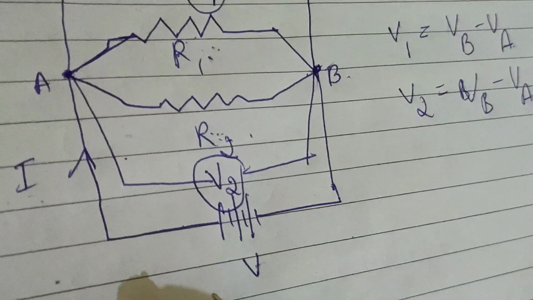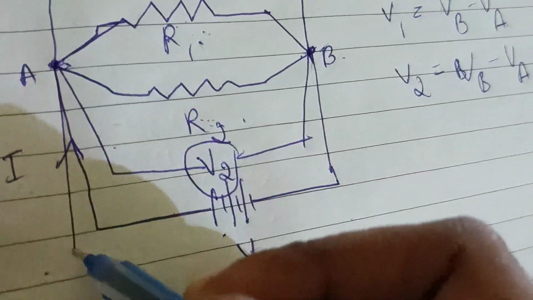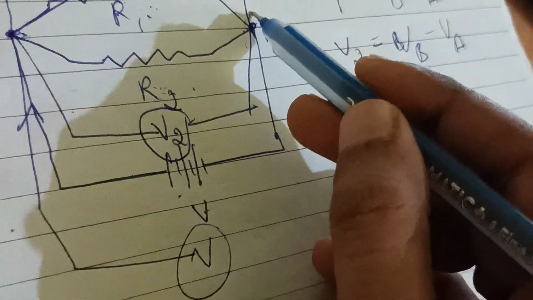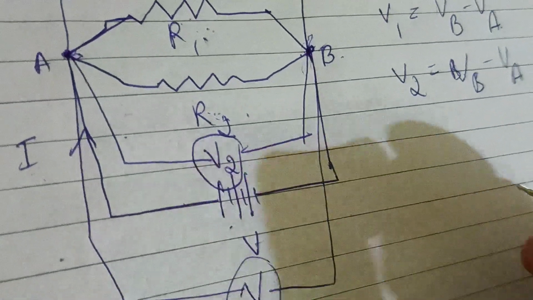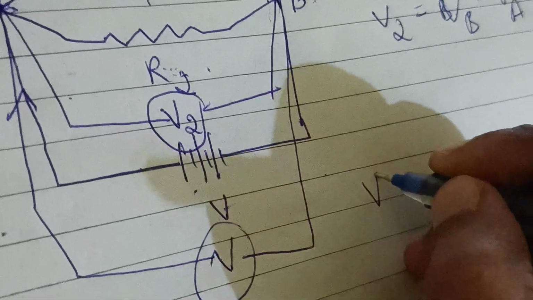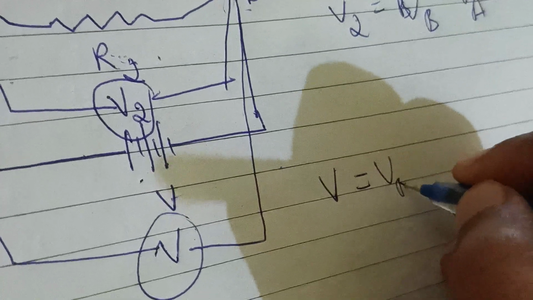Now let's see the total voltage. If I need the total voltage, you have to connect the voltmeter to the same ends. What do you get? V equal to VB minus VA.